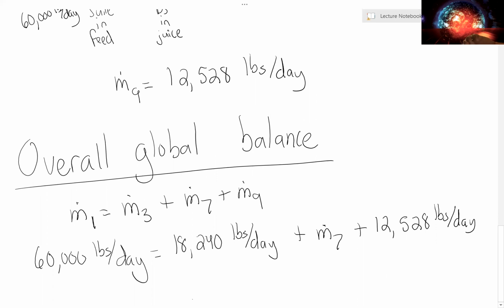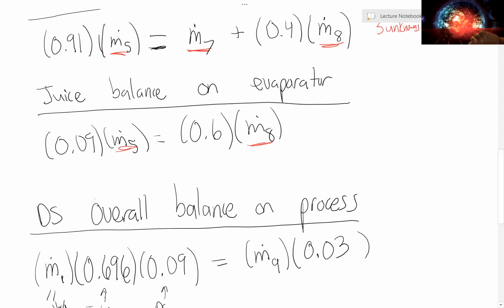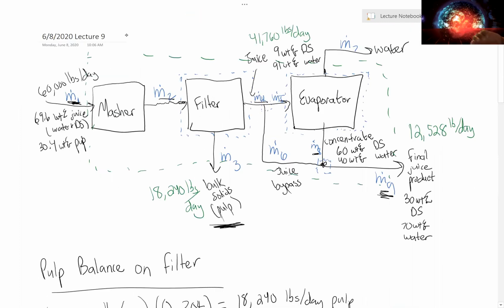So what does that make M7? Well, that should make M7 about 29,232 pounds per day. So now I can go back to my diagram and put that in. So is everyone following along okay?